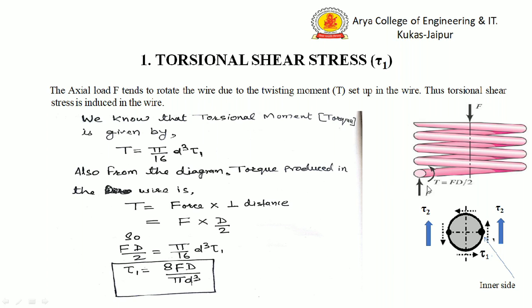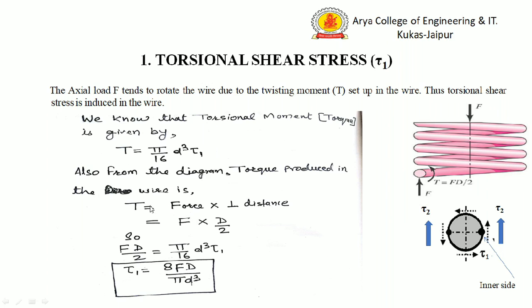From the diagram, it is clear that torque T is equal to force multiplied by perpendicular distance. This is the perpendicular distance from the force line to the section. This distance is d by 2. So torque is equal to F multiplied by d by 2.